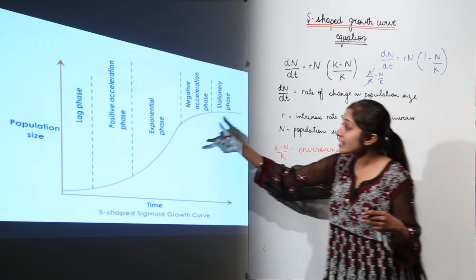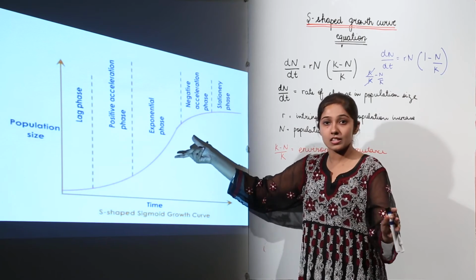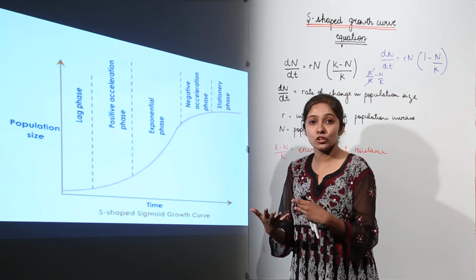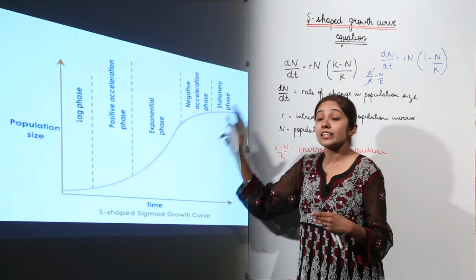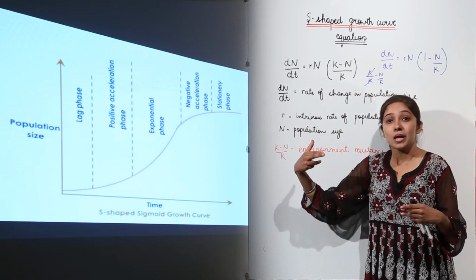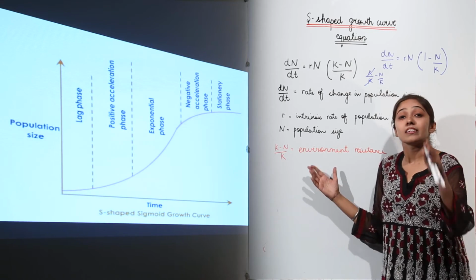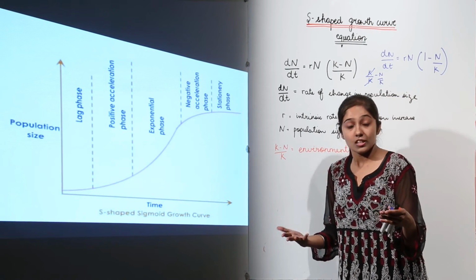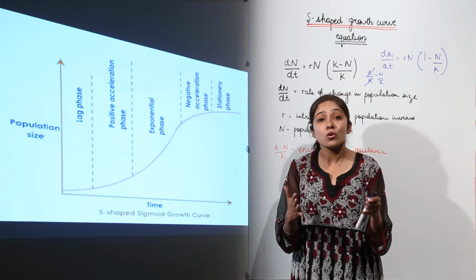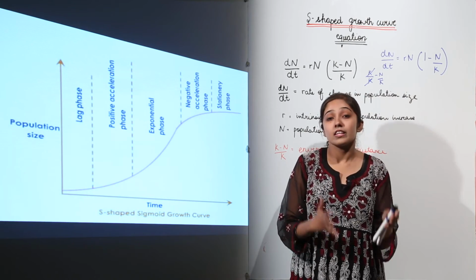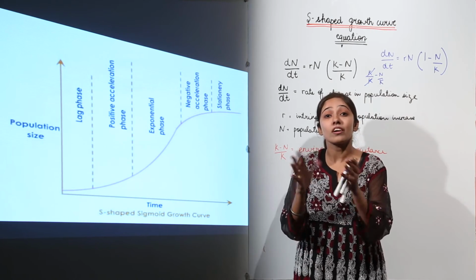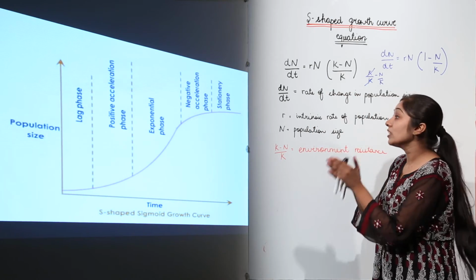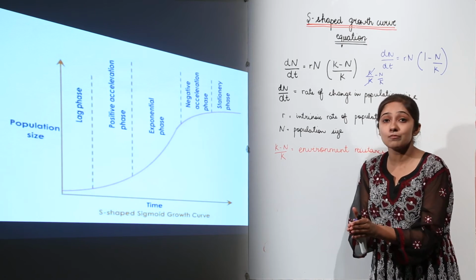So during the exponential phase, no doubt there is rapid population growth, but it stabilizes at a certain point, and this stability needs to be achieved. Why? Because in the environment there are limiting factors. The ideal conditions are not always there. There will be predators, food shortage, and competition between the organisms, which is going to limit their growth and the increase in population.